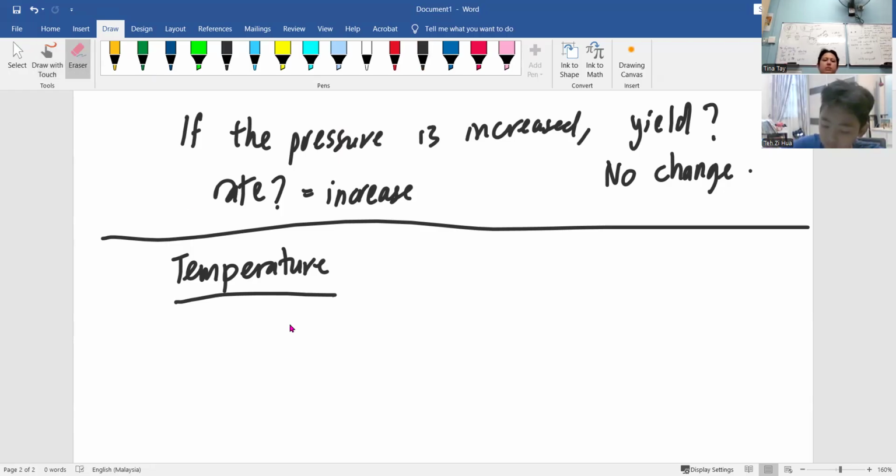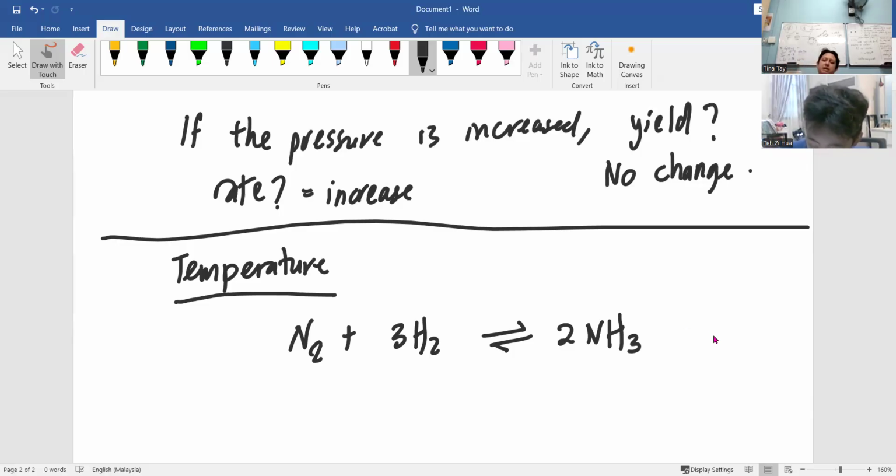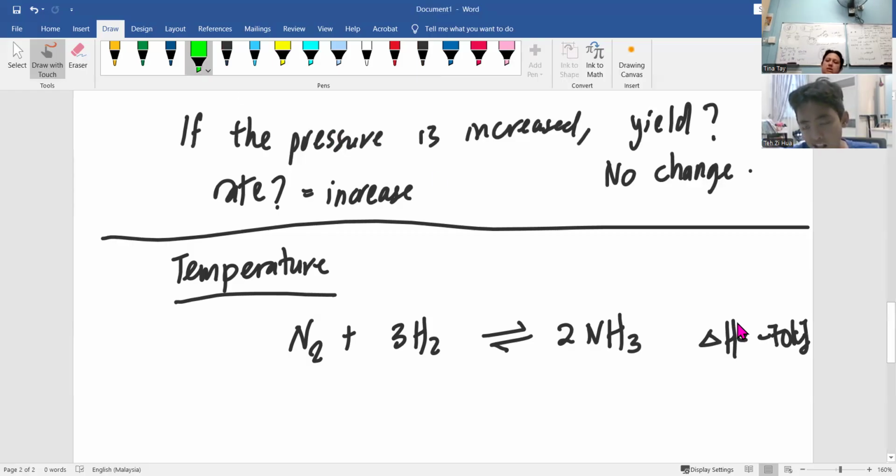Now remember just how we wrote this equation? Okay, now let's say I write this at the back. What does this mean?